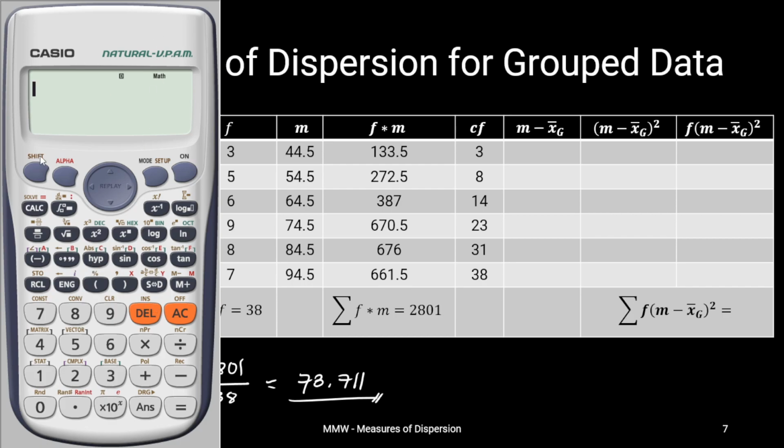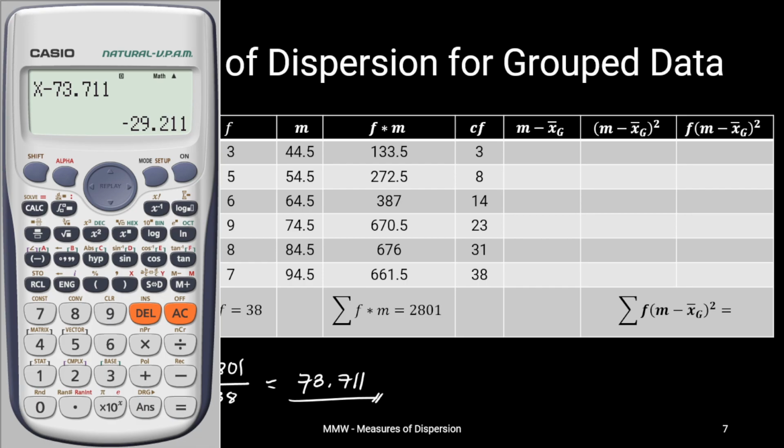Lagay ko na lang x minus, since constant naman yung mean natin, para at least sa x na lang ako magpapalit-palit ng value. Okay, so this is calc. Then pag tinanong ano yung x, just input the midpoint. Ano yung midpoint natin? That's 44.5. So we have negative 29.21.